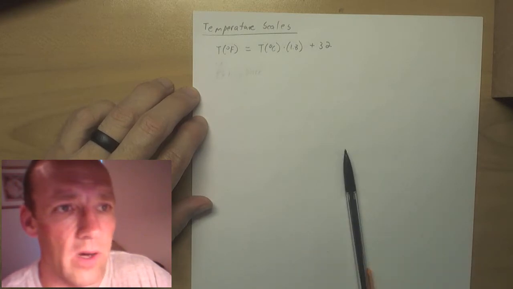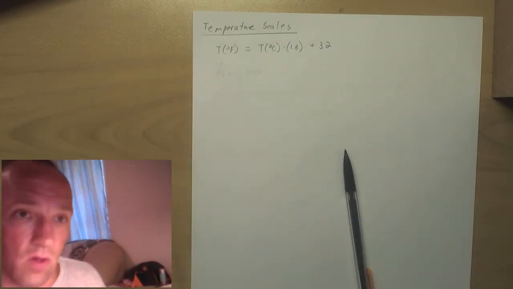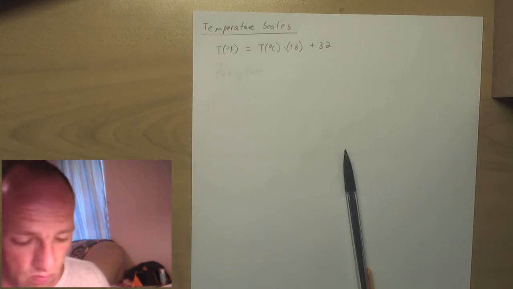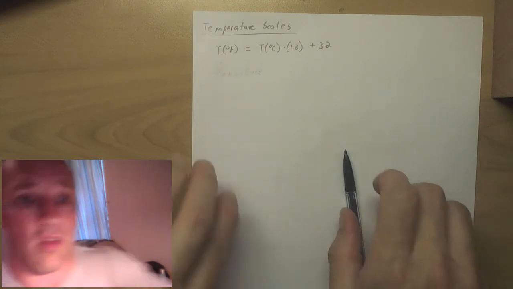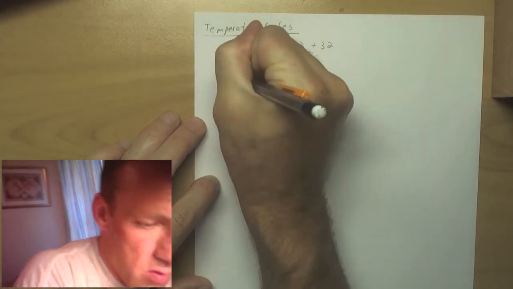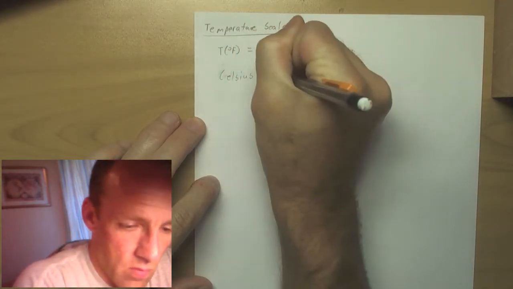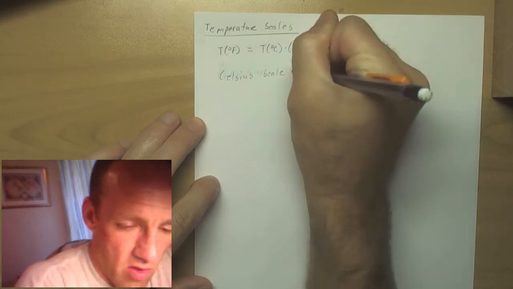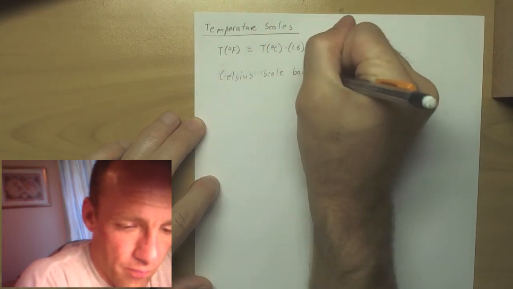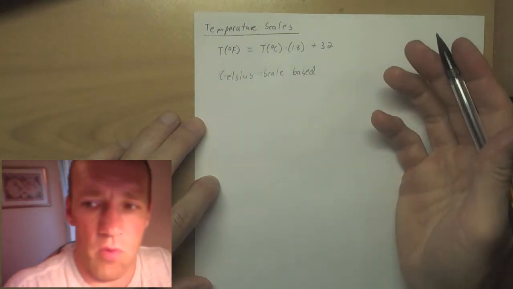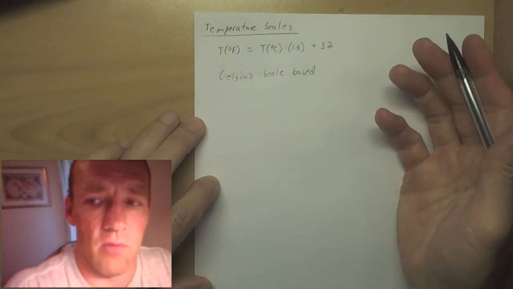Now, the Celsius scale is based on sort of phase transitions at room temperature for water.